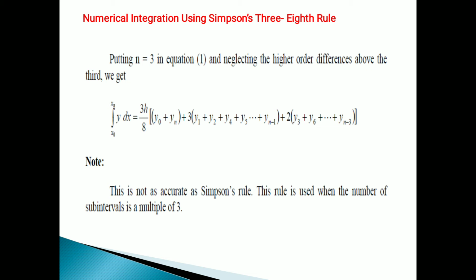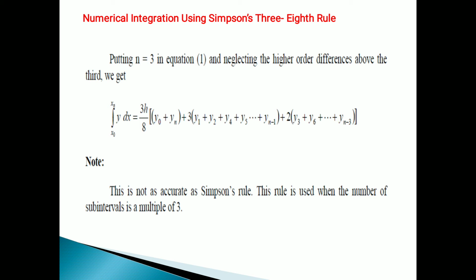We get the integral from x0 to xn of y dx equal to 3h upon 8 into the bracket y0 plus yn, the first and last values of y, plus 3 times y1 plus y2, skip y3, again add y4 plus y5, skip y6, and so on, up to yn minus 1, plus 2 times all the skipped values of y, that is y3 plus y6 plus y9 and so on up to yn minus 3.